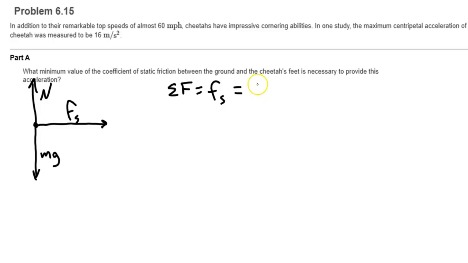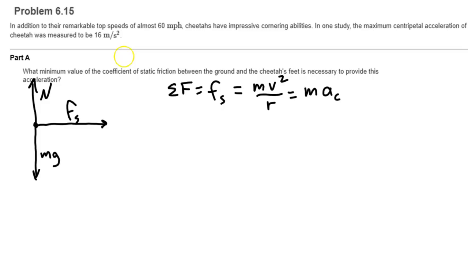So for uniform circular motion, we can say that the net force equals the mass times v squared over r, which is actually not going to be particularly helpful to us in this one. I think what we need to do here is just mass times centripetal acceleration, because they gave us the acceleration of the cheetah.